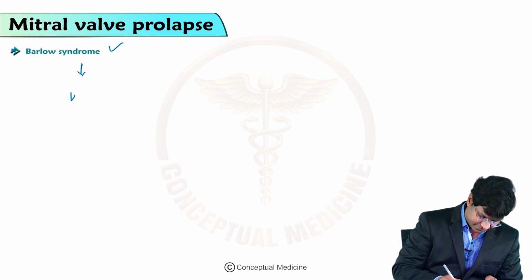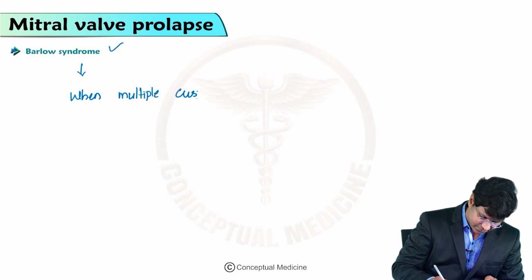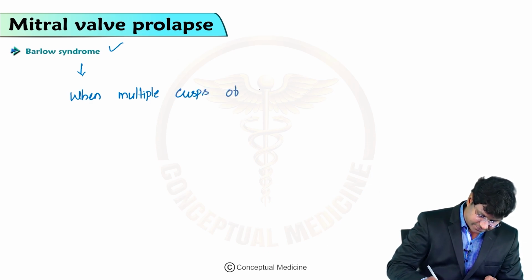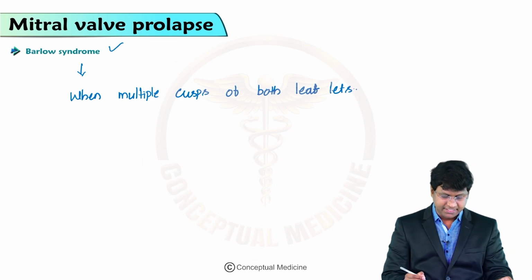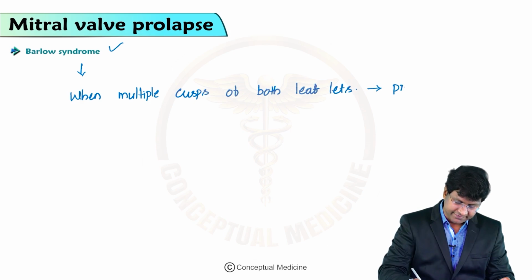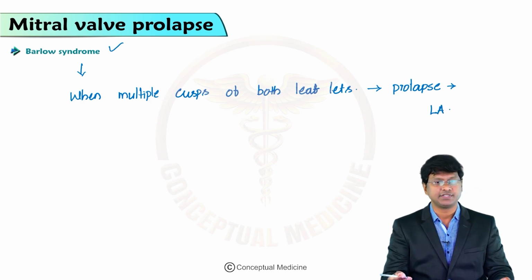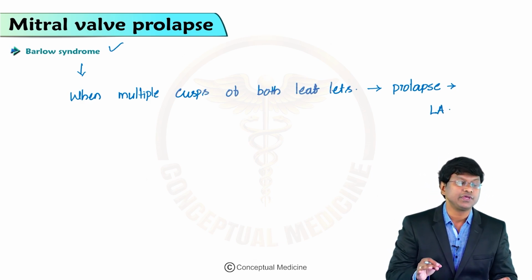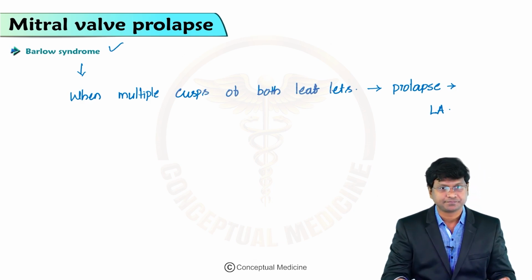So what is Barlow's syndrome? When multiple cusps of both leaflets prolapse into the left atrium, then we call that Barlow's syndrome.